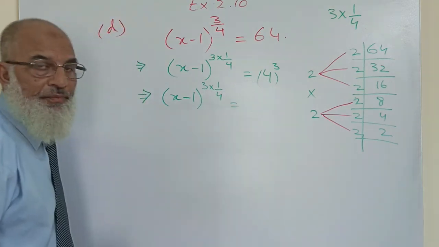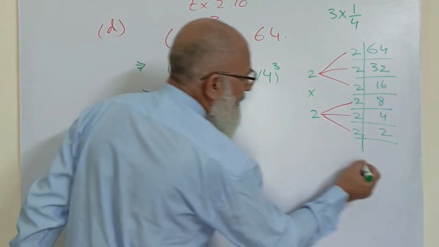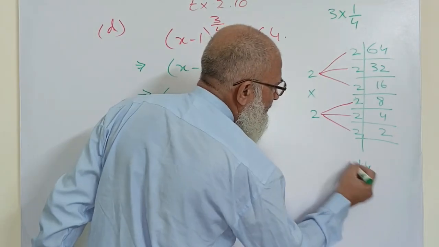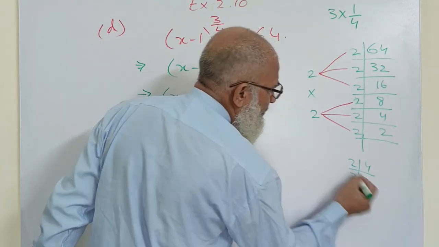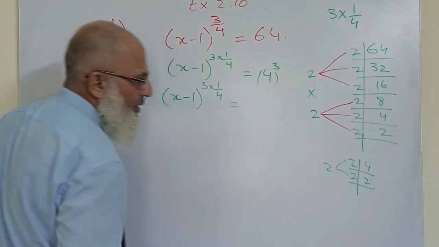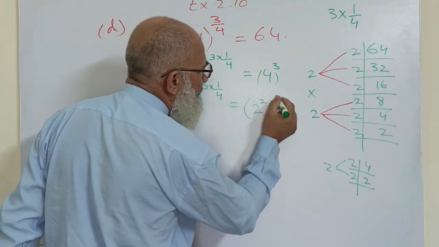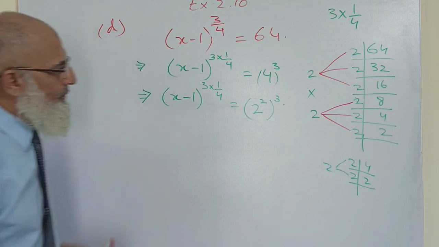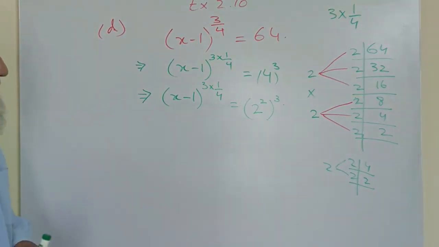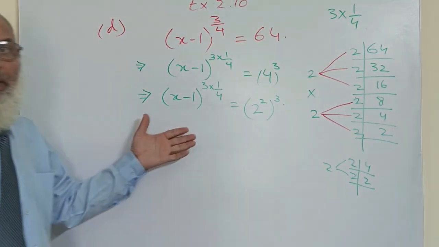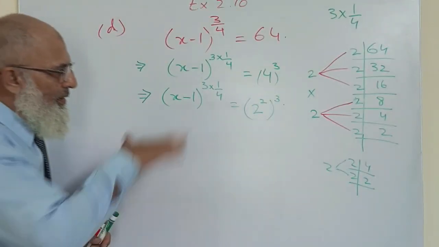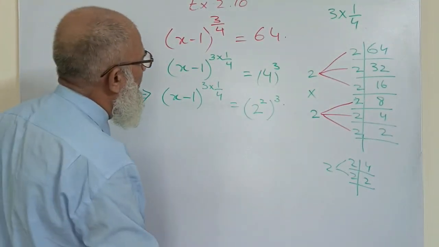Now this is 4. This is again a square number. So you can write it like this as well. Now this will help you somewhere in the later stage.